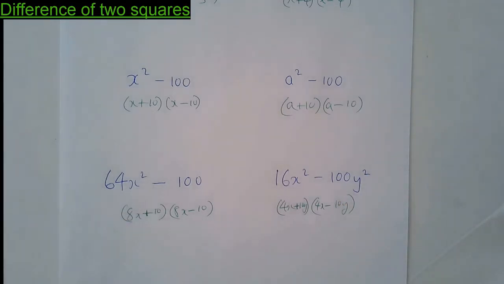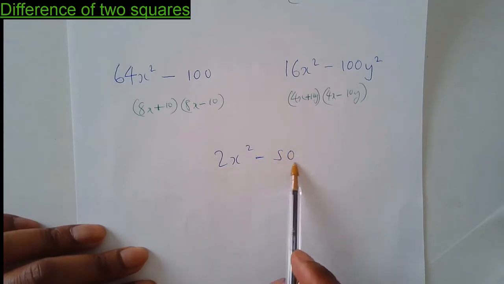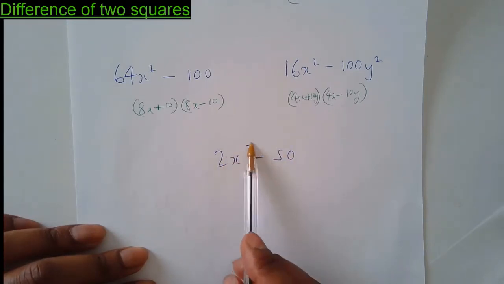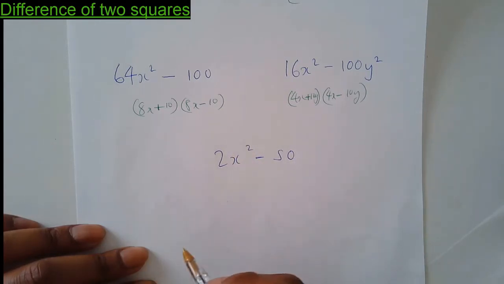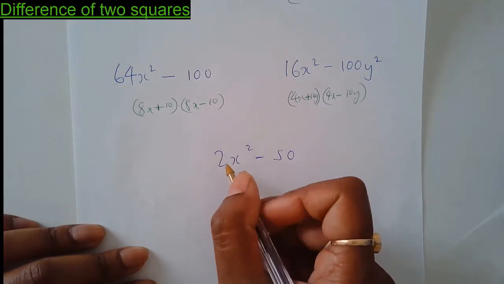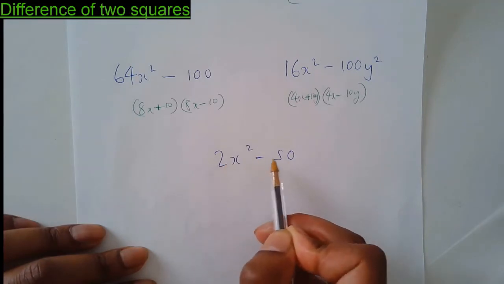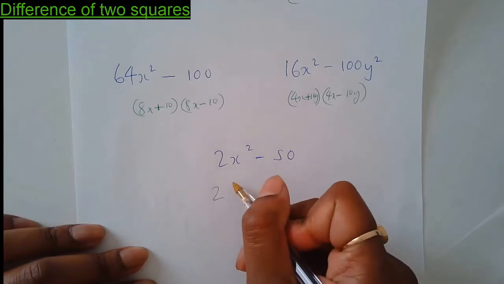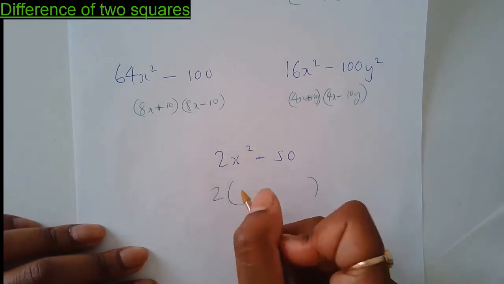Done. Now this one feels a bit awkward. That's not a square number. 2 is not a square number. That's the only thing that's square. So what you can do is just prepare it before you do the difference between two squares factorization. The biggest number that goes into 2 and 50 is 2. 2 times something to give me 2x squared.